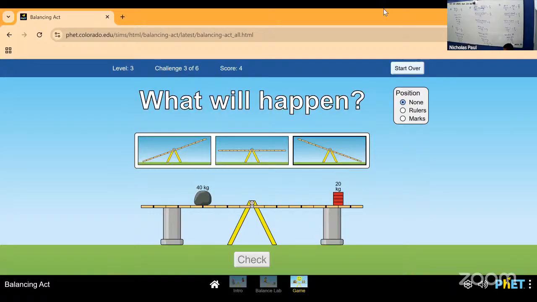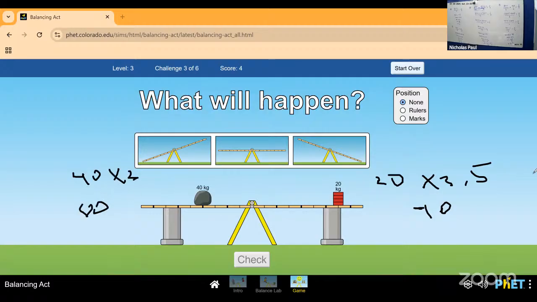Alright, let's see. So this is 20. I use averaging, right? How far is it away? 3.5. So multiply 20 by 3.5, that'll be 70. Here, 40 by 2, which is 80.